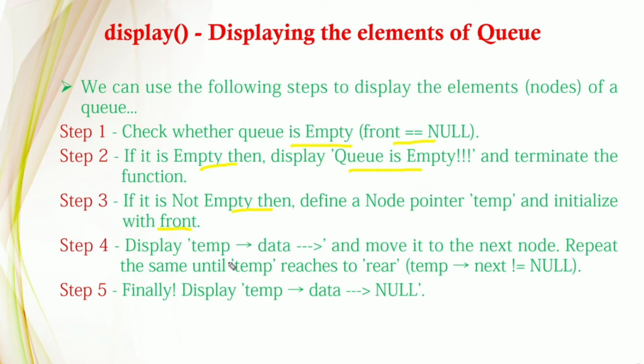Display the temp's data and move to the next node. Repeat the same until temp's next reaches null. Finally, display the temp's data, which points to null. Like this we can display the elements of the queue.